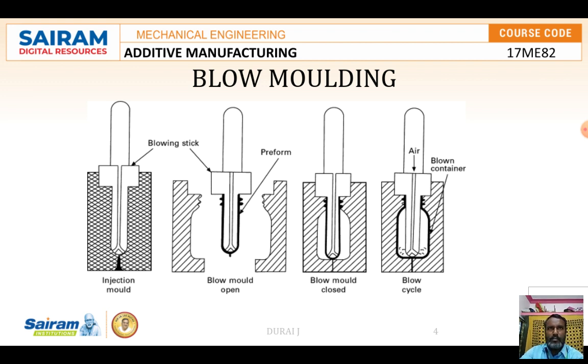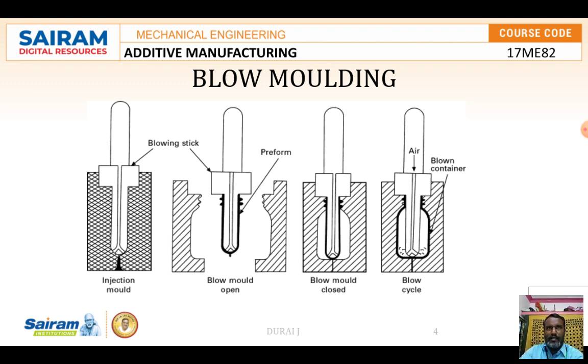The mold is allowed to cool and the thermoplastic becomes rigid. The shape of the component is formed, and we get it by opening the mold.